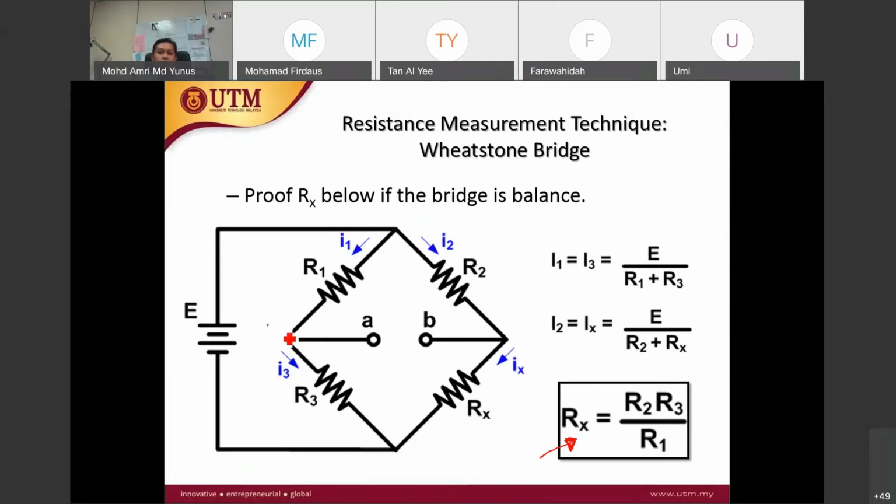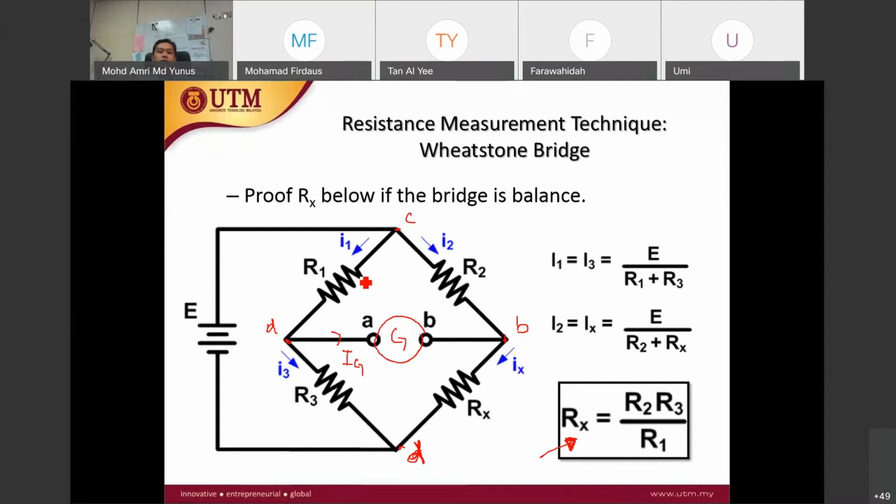Let's say we take this as point A, this as point B, this is point C, and this is point D. So we know that this is a branch, I1, I2. Let's say here there is a galvanometer G, and we assume the current here is Ig.